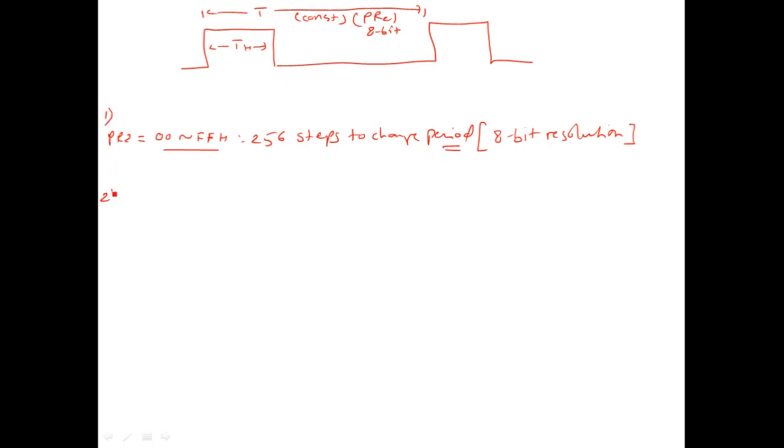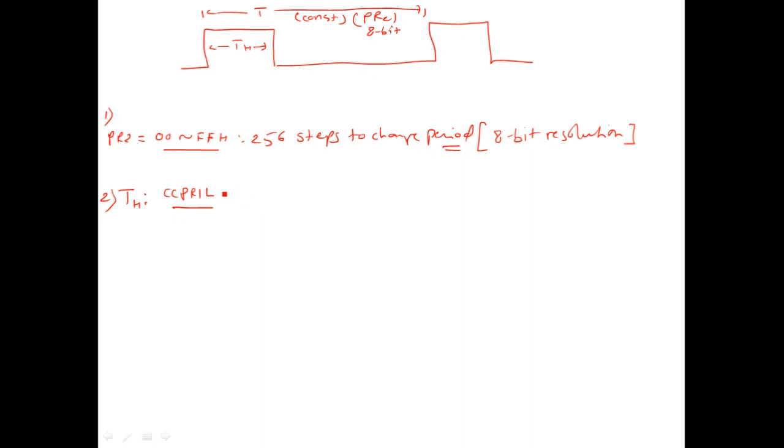Now second is the adjustment of the T high. This T high is decided by the content of the CCPR1L register.